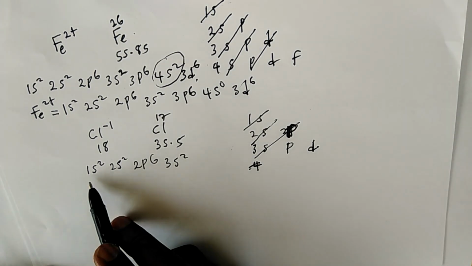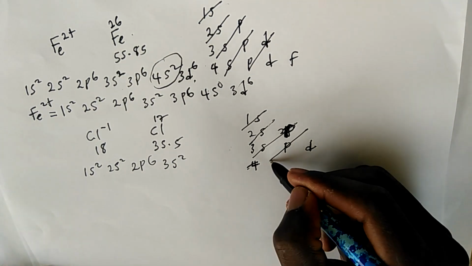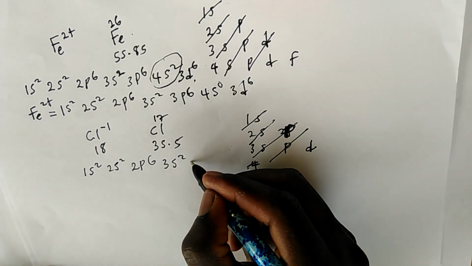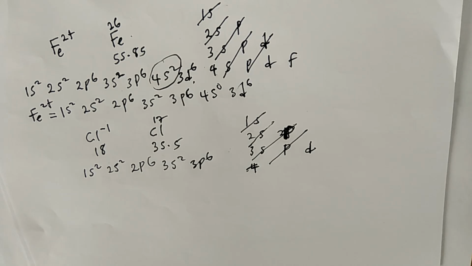This is 10, 12, and we have 3p6. Therefore, this makes it 18. And this is the electronic configuration of chloride.